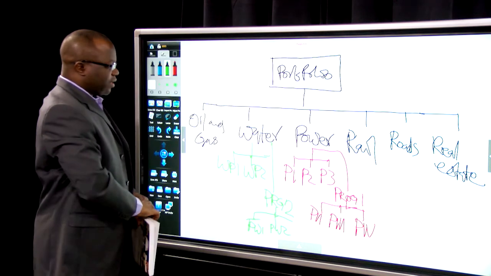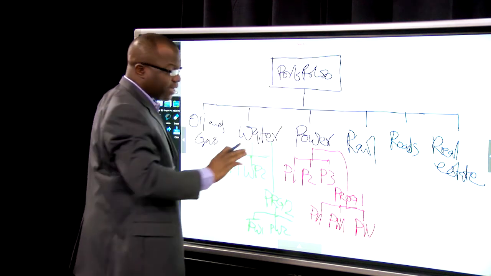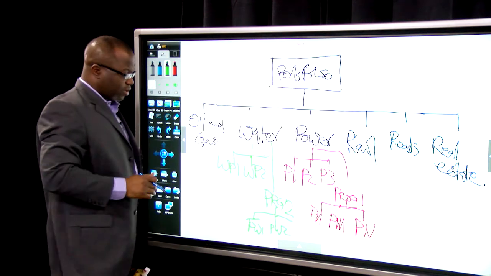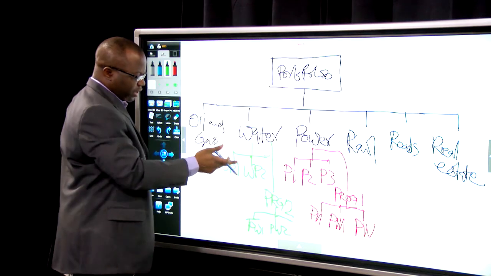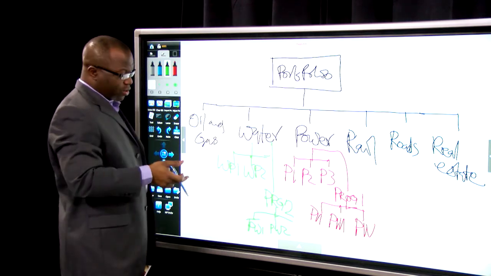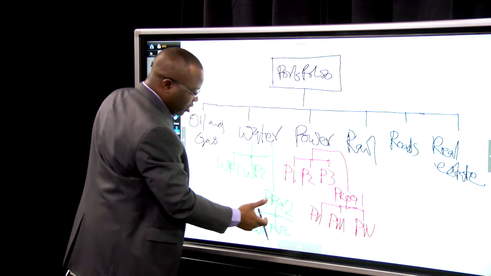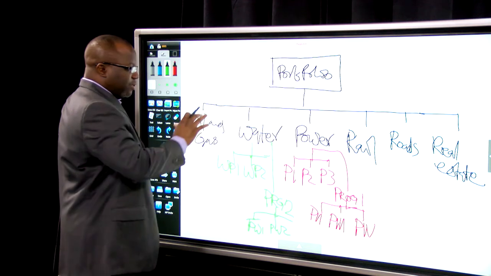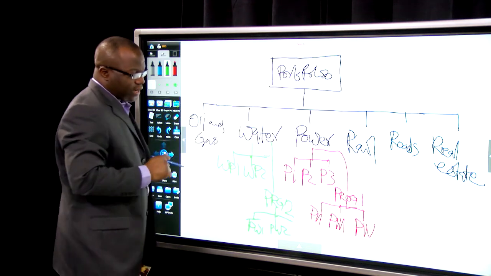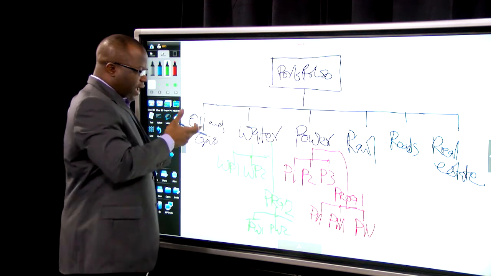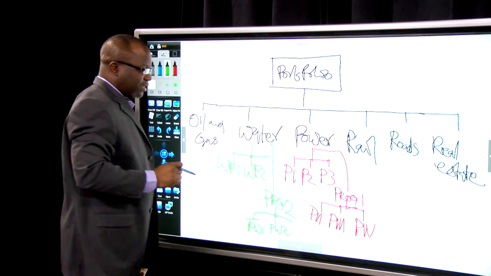So taking a look at this, you can see that a portfolio covers the entire gamut of work within an organization. In a portfolio, you could have projects that are not attached to a program, or you could have programs with projects under them. And the sum of the entire work in that firm is known as a portfolio. How do you get these projects authorized in a firm such as this?